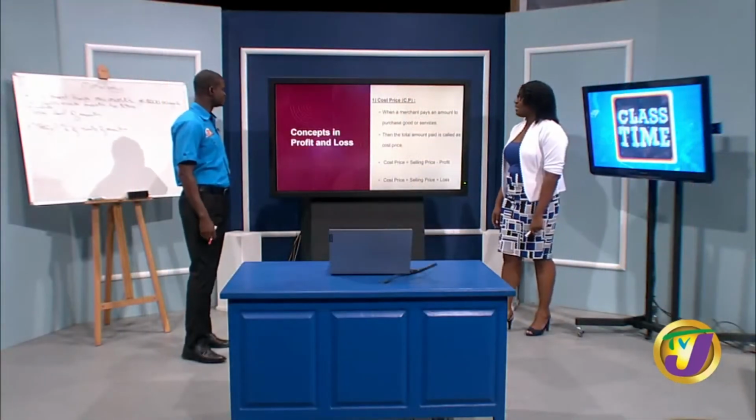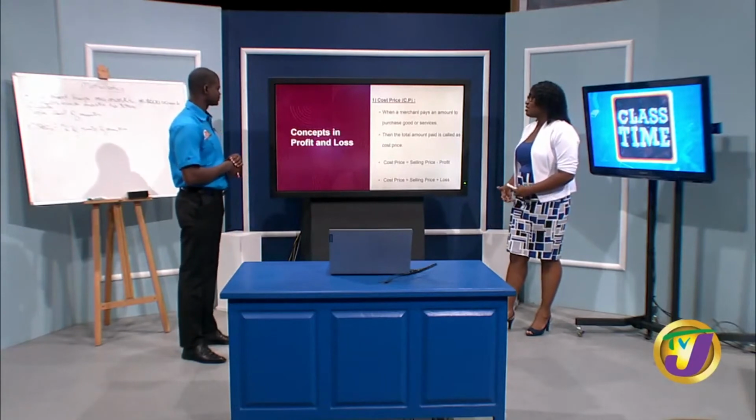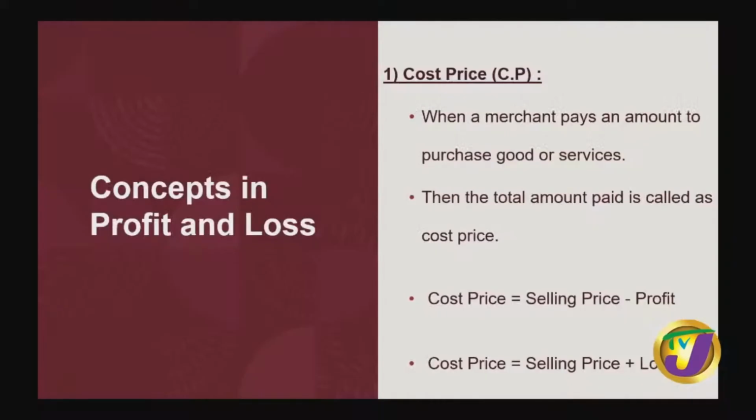Yeah, definitely. Let's talk about cost price. When a merchant pays an amount to purchase goods or services, the total amount paid is called your cost price. We started off this morning, right? We went to the factory and we bought our jersey. Our jersey cost $1,200.